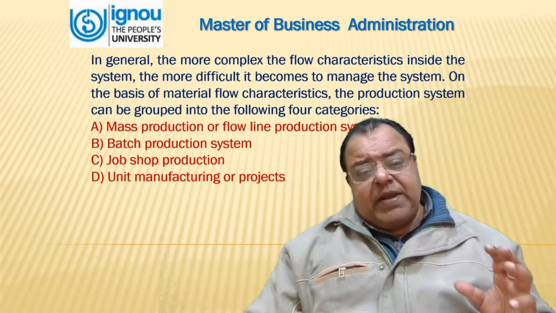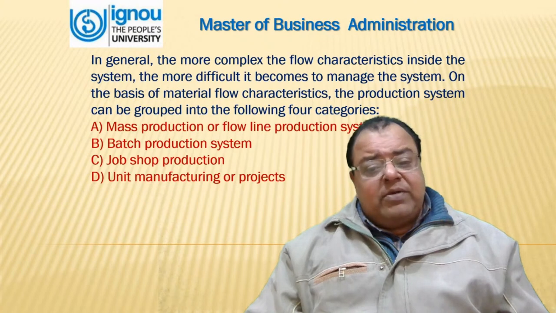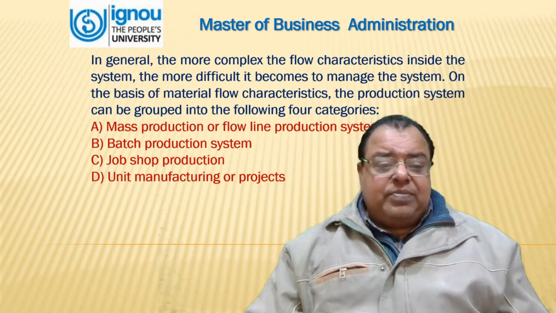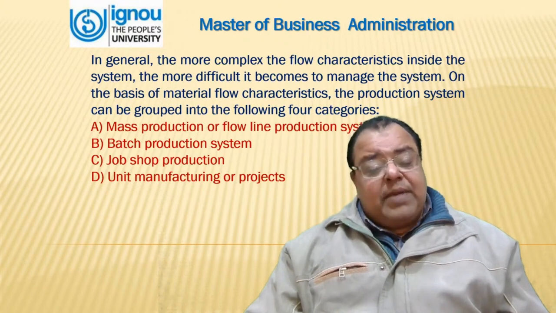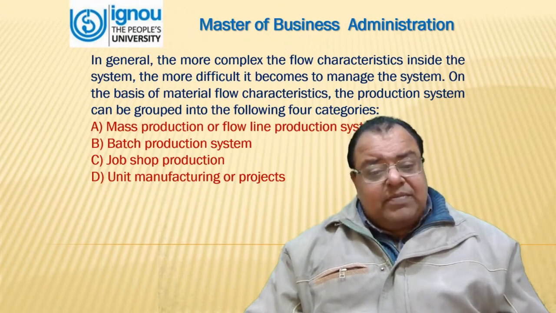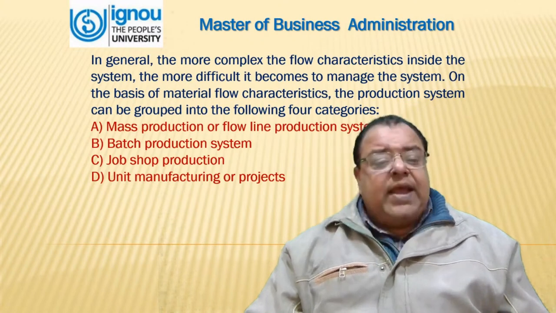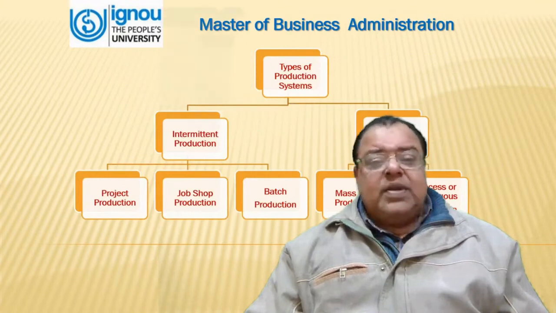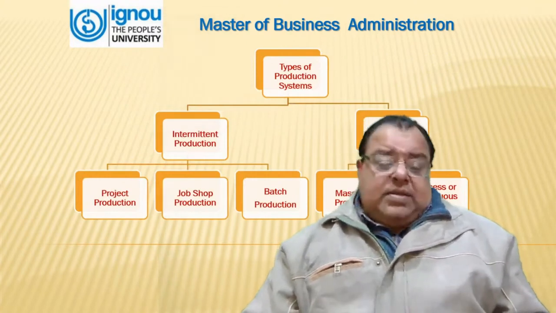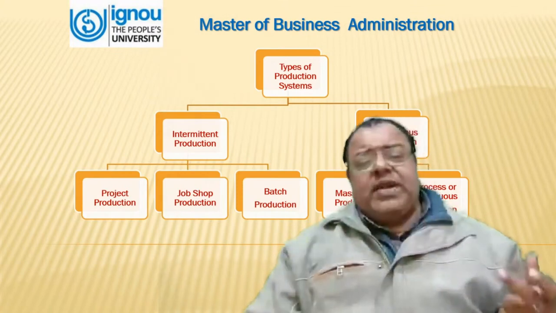On the basis of material flow characteristics, the production system can be grouped into four categories: mass production or flow line production system, batch production, job shop production, and unit manufacturing or projects. What are the different types of production systems?